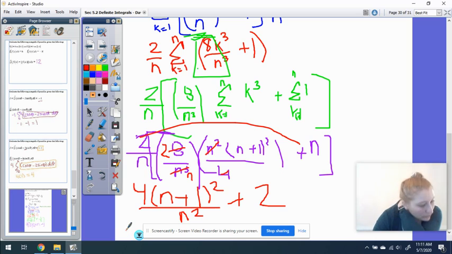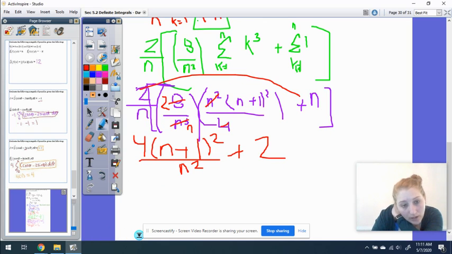Okay. So now we're going to think about the limit. We are evaluating this as the value of n goes to infinity.